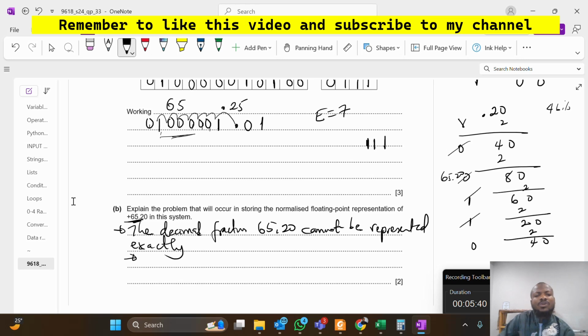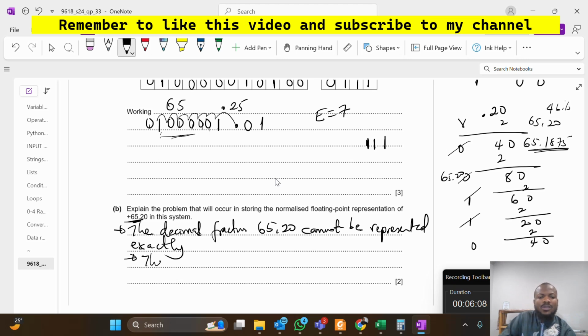So if it cannot be represented exactly, what does that imply? So that means there will be loss of precision, because instead of getting 65.20, which cannot be represented, it is only 65.1875 that can be represented, which is not 65.20. Do you understand? Then there will be loss of precision.